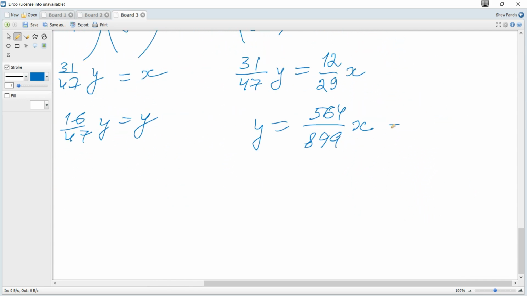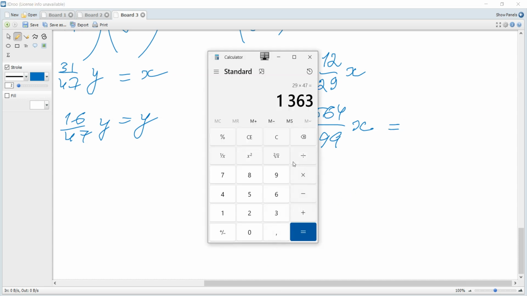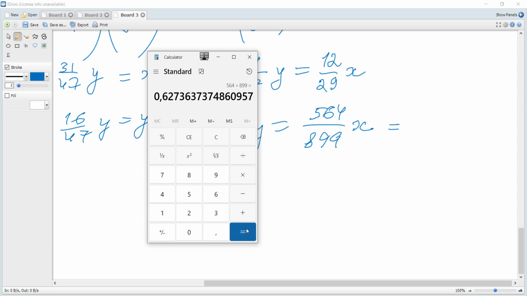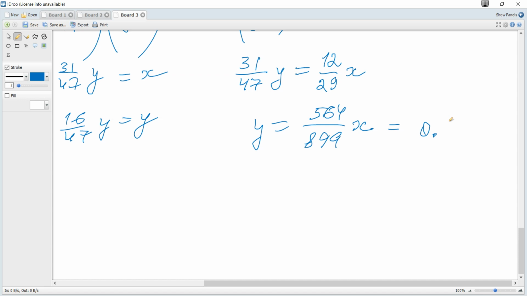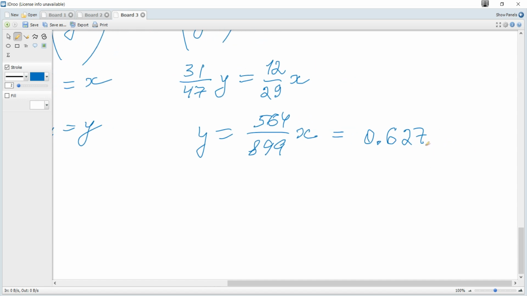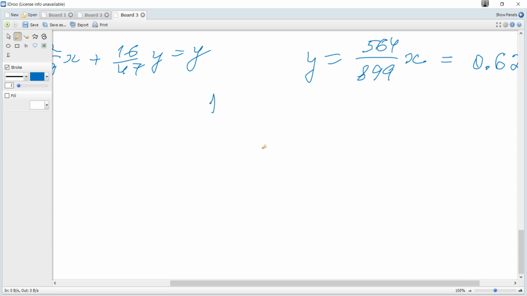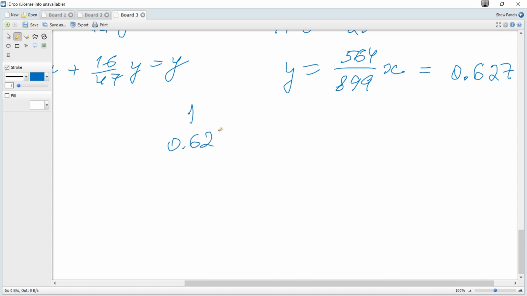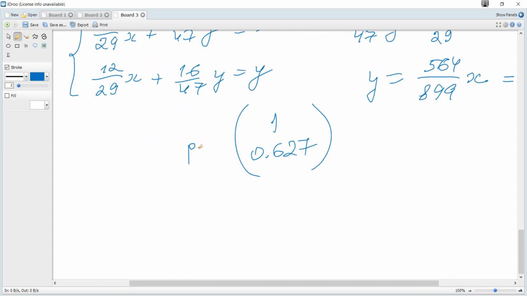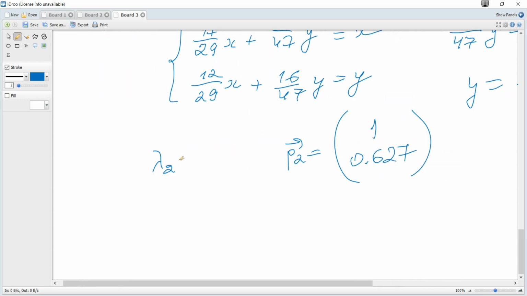And as decimal it becomes 0.627. As answer you may write to 3 significant figures, but for further calculations you should take 1 or 2 more decimal places to be as exact. x, and we can take x to be 1, then y is this 0.627 to 3 significant figures. So it's P2 for lambda is 1.